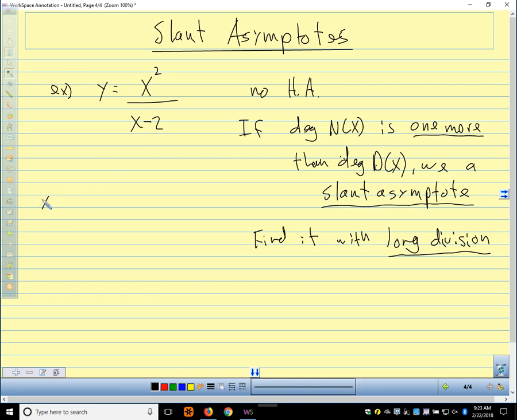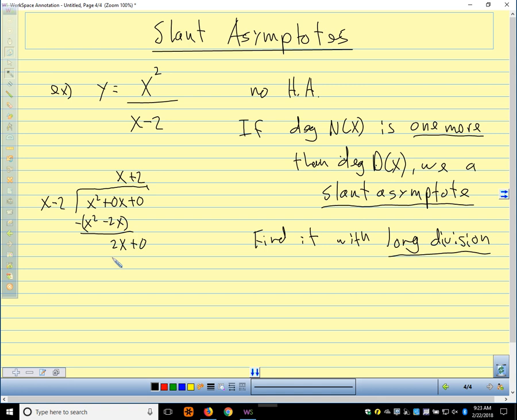We're going to divide x minus 2 into x squared plus 0x plus 0. Putting my placeholders in there. And then we do our division. What do we have to multiply x by to get x squared? x. We multiply x squared minus 2x. Subtract. Those go away. I get 2x plus 0. Bring that 0 down. What do we multiply x by to get 2x?